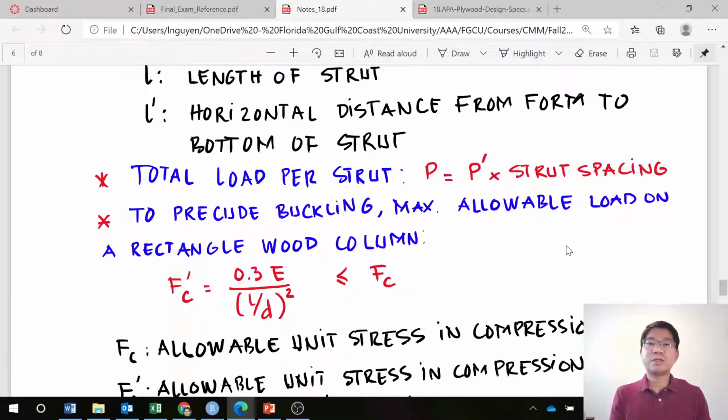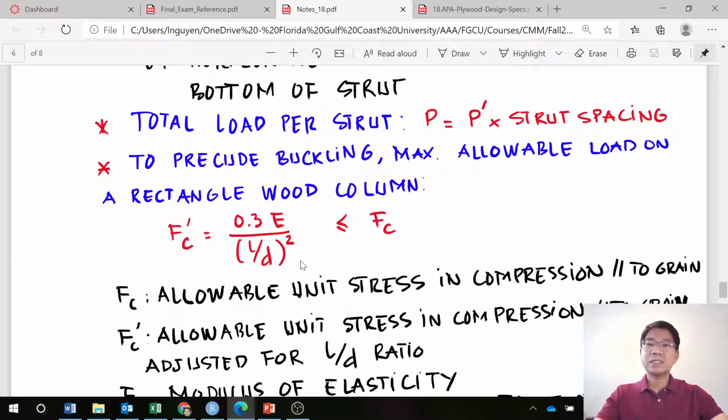for the lateral strut. To consider that buckling, we also need to adjust the maximum allowable load on the rectangular wood columns, and that is Fc. If you recall, Fc is the allowable stress in compression. Fc' we adjust for buckling, and just remember, in mechanics of materials, for columns we determine buckling with an earlier equation.